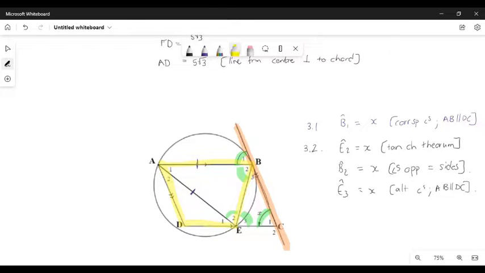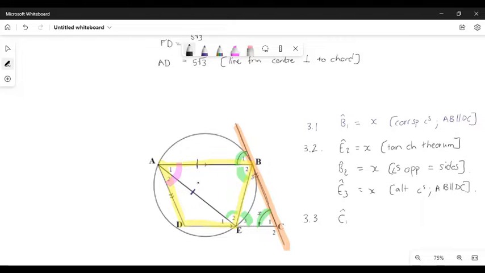You want to prove what? Why would you need B3? E3 we already have is X. So if there was a way to prove that this is also X, then Bob's your uncle. How do I prove that? Look at the parallelogram. Opposite angle. Thank you. Parallelogram.